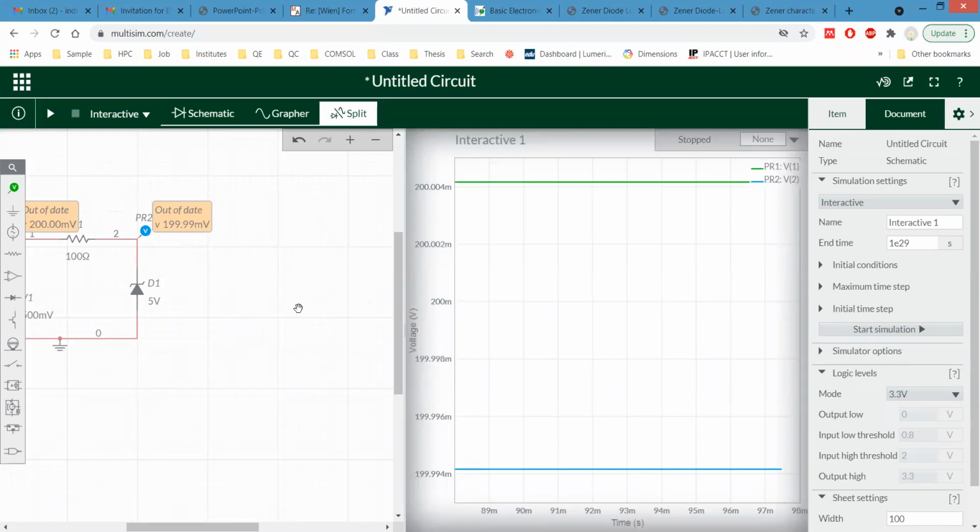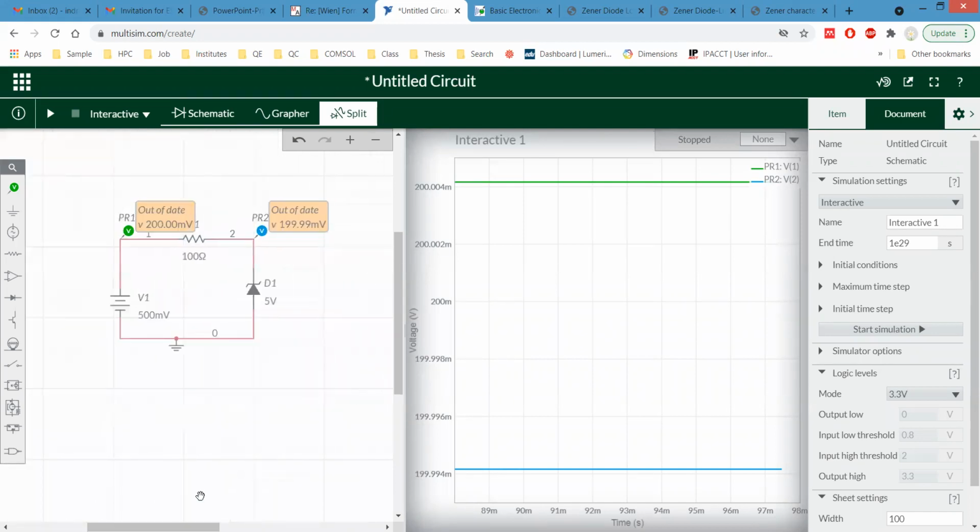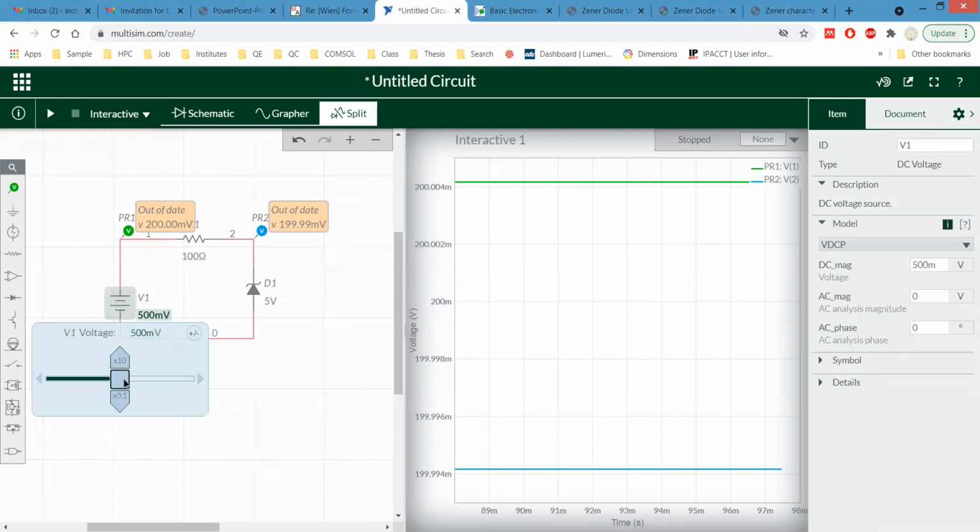Okay, let's change the voltage up to 1 volt.